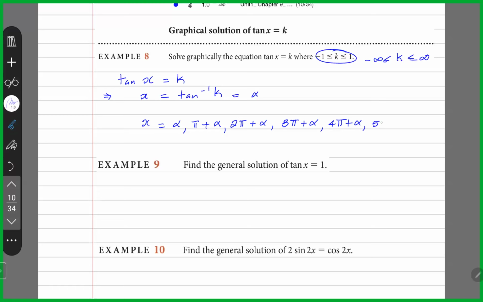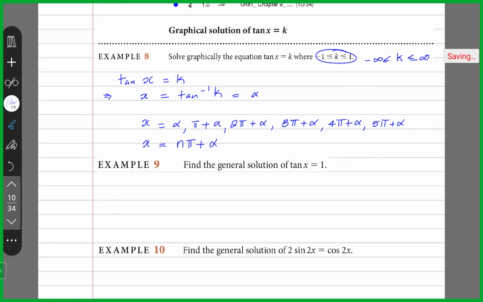Then 5 pi plus alpha. This is the third quadrant. And so from this, we can get the general solution of tan x is equal to k: x is equal to n pi plus alpha. The general solution is n pi plus alpha.